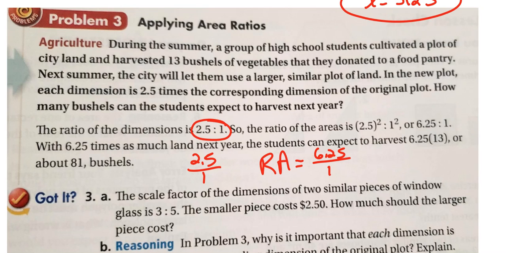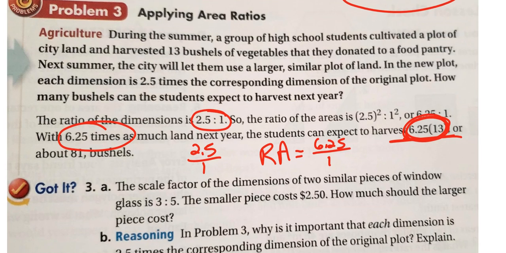So once you figure out your area ratio, you know that it's going to be 6.25 times more than what you had last year. So if you have that much more area, that much more space, then you would expect to harvest that same proportion more of vegetables. So that's where the 6.25 times 13 comes from to get the answer.